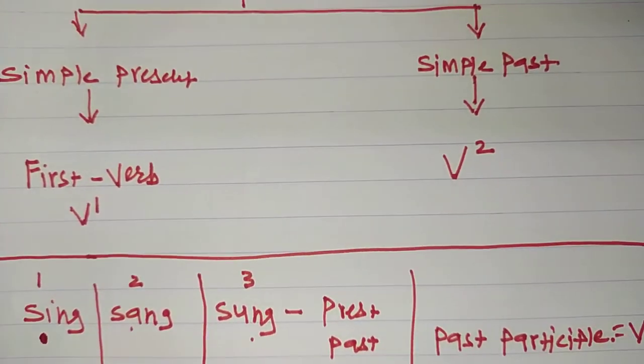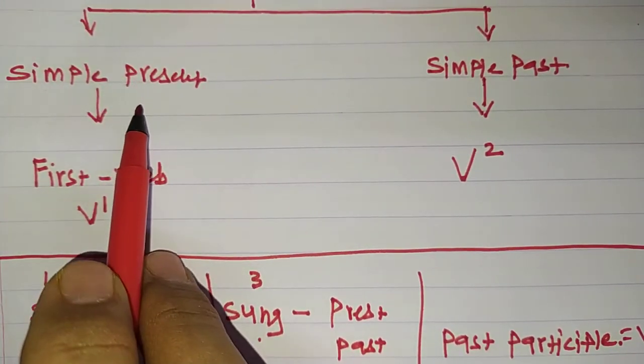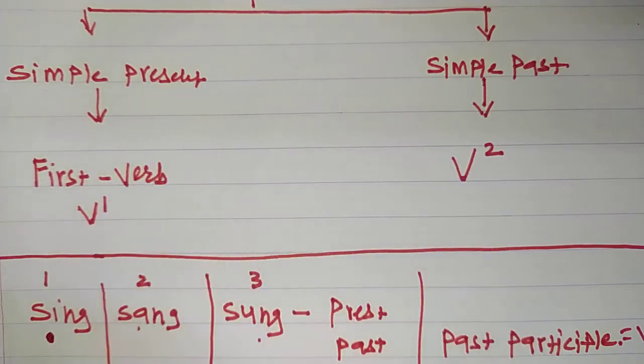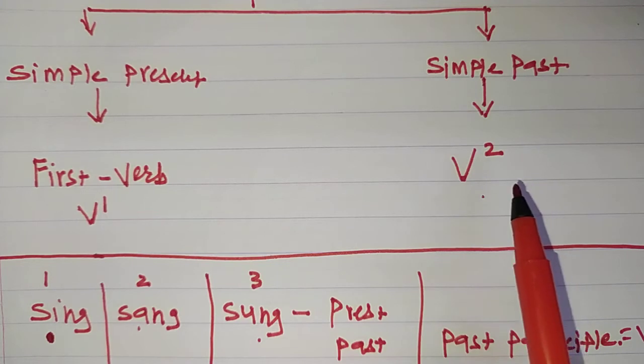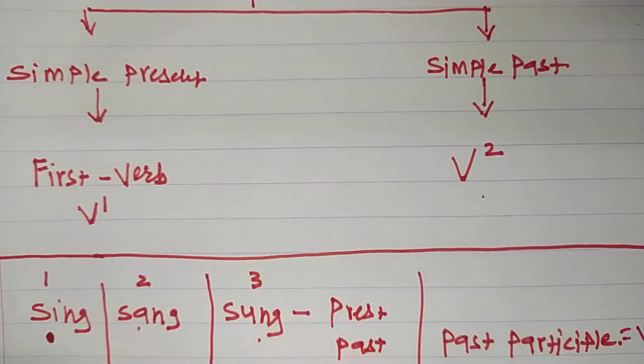The basic difference between simple present and simple past is we write the first form of the verb in simple present and we write the second form of the verb in simple past. So whenever you write a sentence of simple present, you should see whether I have written the first form correctly or not.